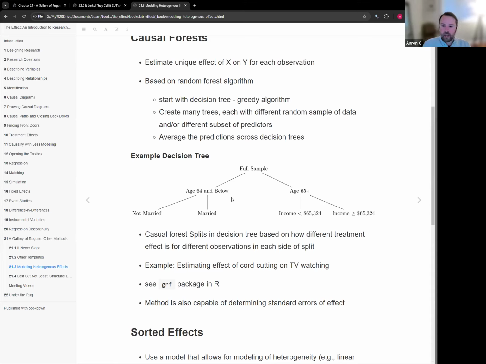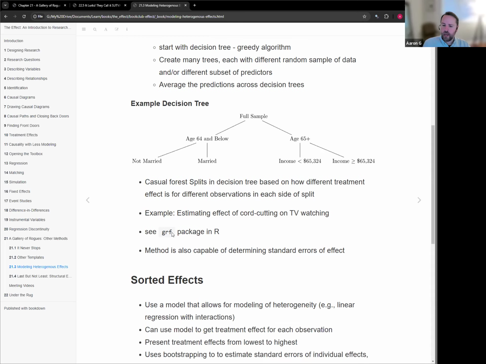Oh, cool. I mean, it kind of selects important variables for you. There was an example in the book about cutting cable, standard cable, and going to a streaming package, and estimating the effect on TV watching there. But I'm not going to go into the details of that.